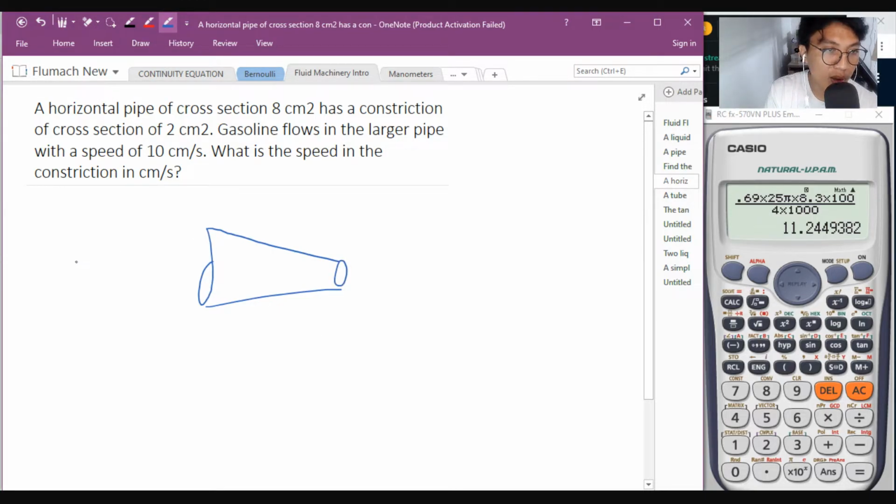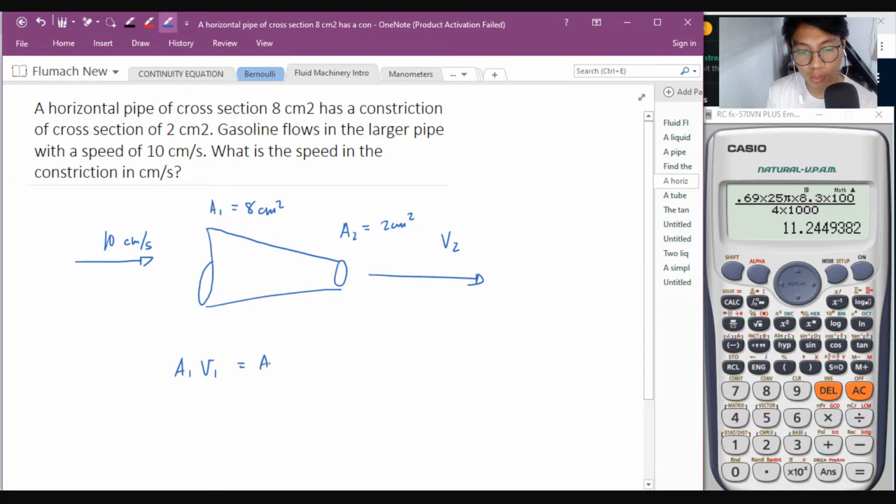Meron kang in a larger pipe na 10 cm per second daw yung gasoline. What is the speed of the constriction dito? Velocity 2. Pare-parehas lang. Meron kang area 1, 8 cm squared. Meron kang area 2 na 2 cm squared. Oh, basic na yan. A1 V1 equal to A2 V2. Wala pang challenge dito. Very basic lang to.